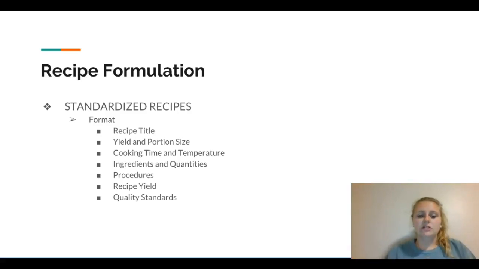Then quality standards, which is basically an analysis of your sensory things, like aroma, flavor, texture, the way it tastes, the way that people enjoyed it. If people didn't like it, what were some fallbacks, things to improve. Those are little comments that would be at the bottom.